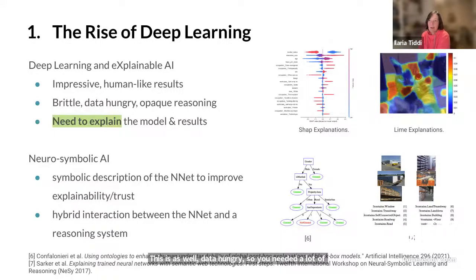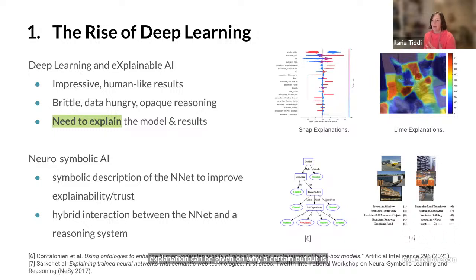And then DARPA came out with this Explainable AI program, that was 2016, if I'm not mistaken, to create systems that are transparent, that can explain the machine learning model, and where an explanation can be given on why a certain output is being given.